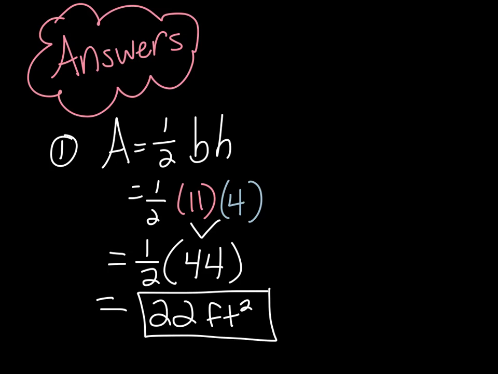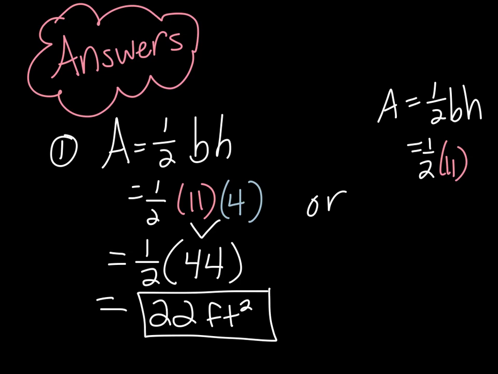But I'm very quickly going to show you just another way to think about this. If you start with your same formula, 1/2 base times height, and you fill in your base as 11 and your height as 4. Another property that we could use would be the commutative property.